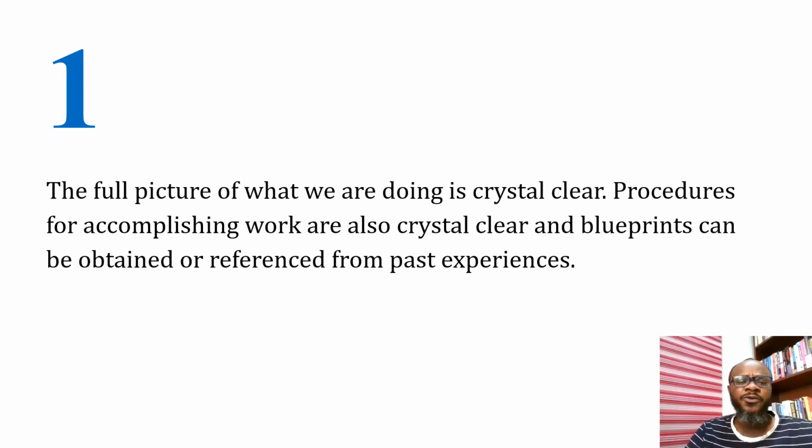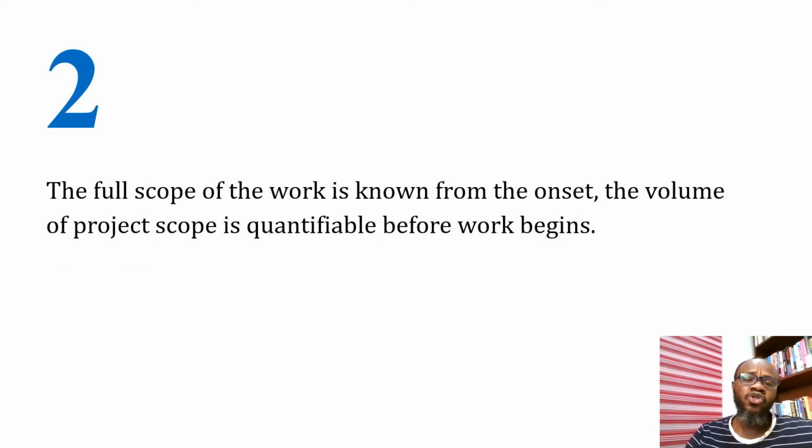Now, for waterfall, we use it when the full picture of what we are doing is crystal clear. Procedures for accomplishing work are also crystal clear, and blueprints can be obtained or referenced from past experiences. Two, the full scope of the work is known from the onset.